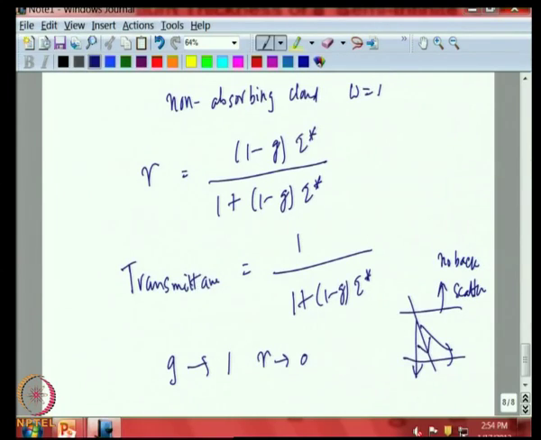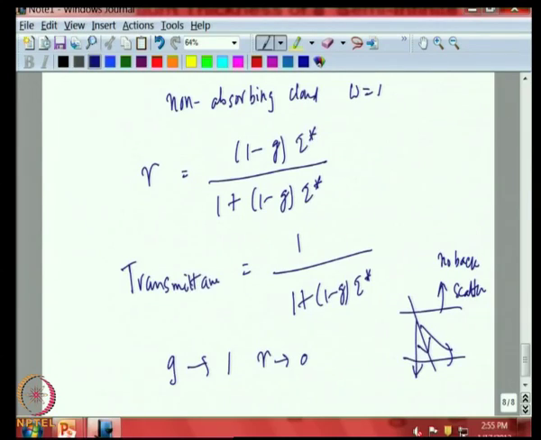Now, we have seen how you can solve for reflectivity, transmittance and absorptivity of a layer based on basic properties of the particles in the cloud, and those basic properties are the asymmetry parameter, the optical depth, and the single scattering albedo. Now, let us presume that this information is available, and we want to understand the total transmittance of the layer.